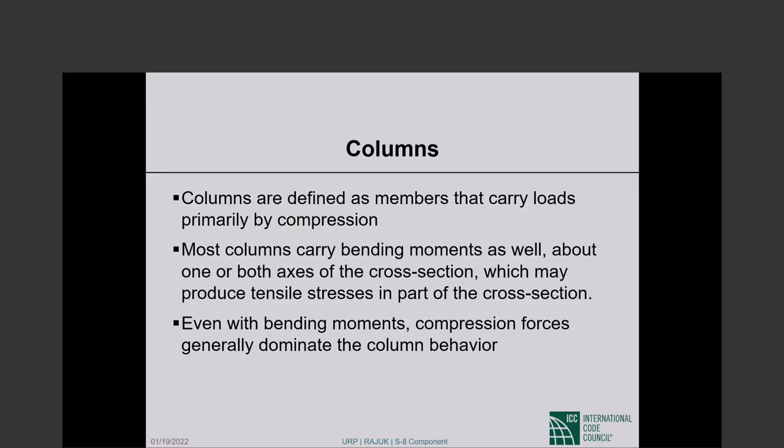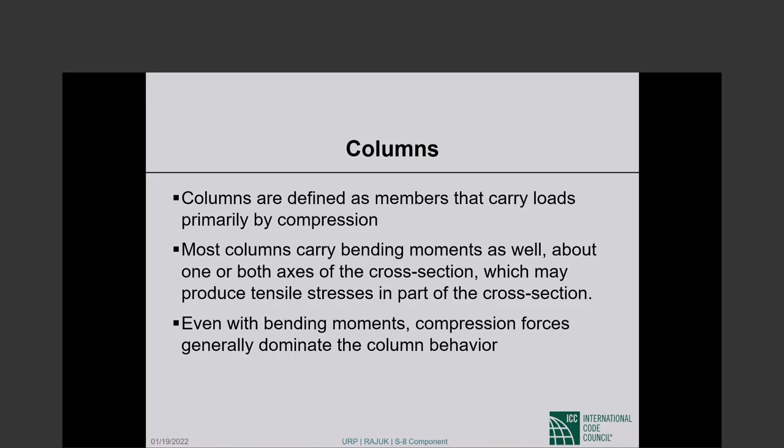There is a definition of columns in chapter 2 of ACI 318 where all the definitions are, and it says that a column has a height to minimum plan dimension ratio of no less than 3.